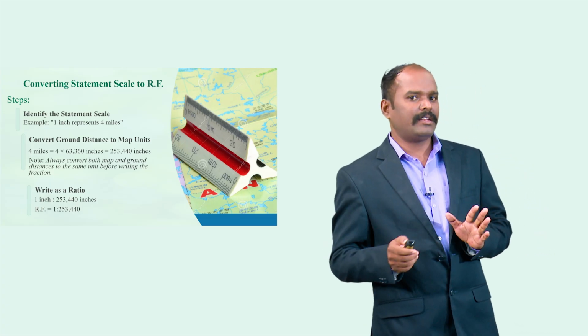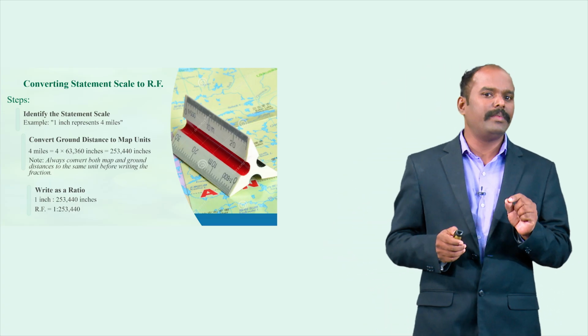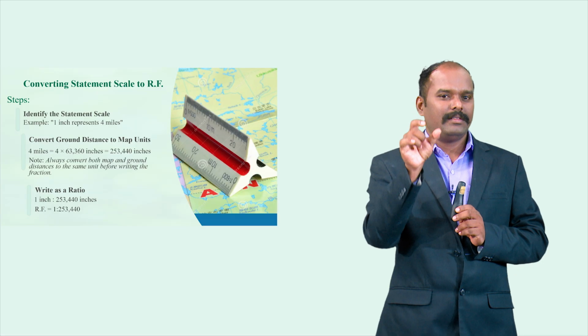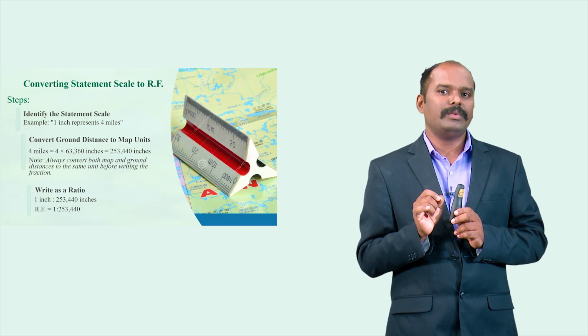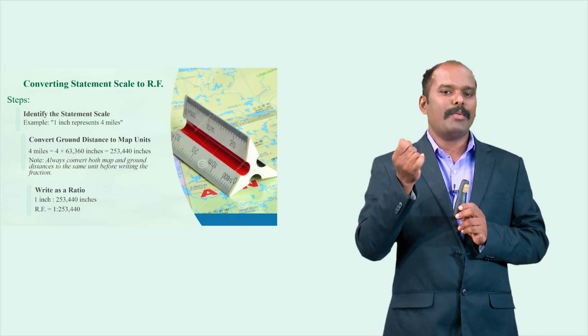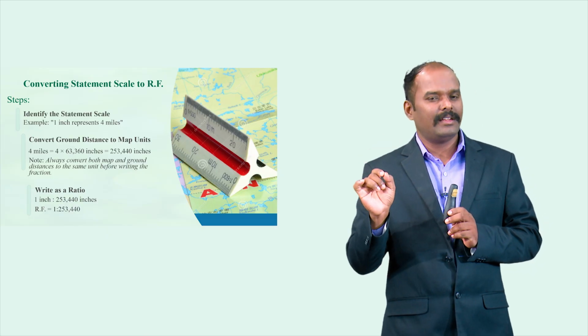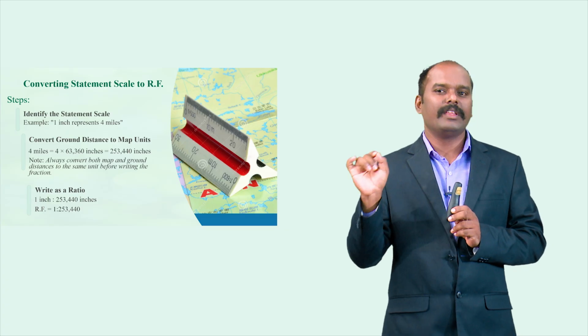In representative fraction, there is one more thing you need to keep in mind. For example, take the statement scale: 1 inch represents or equals 4 miles. The numerator is in inches and the denominator is in miles, different units, but when we convert into a representative fraction, the values of the numerator and denominator should be in the same units.